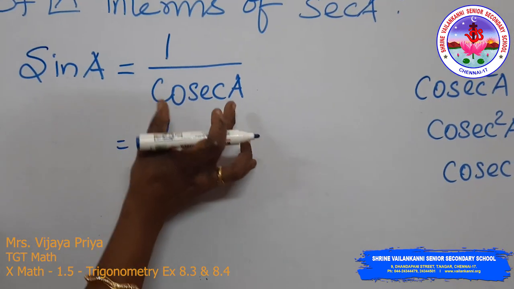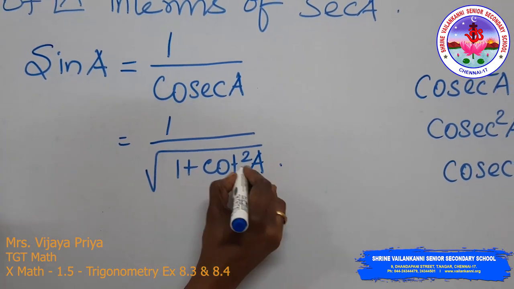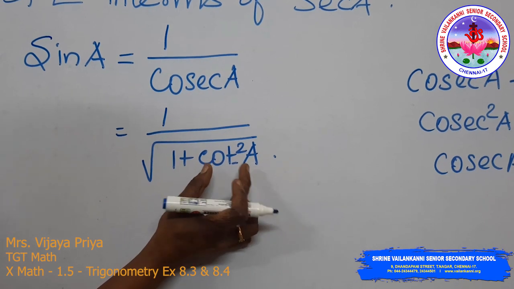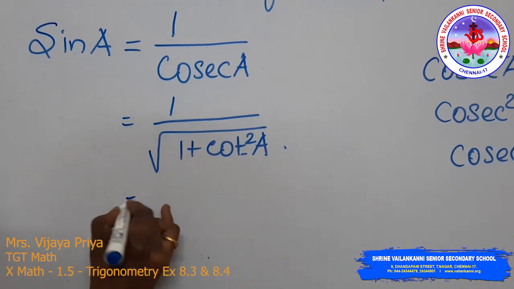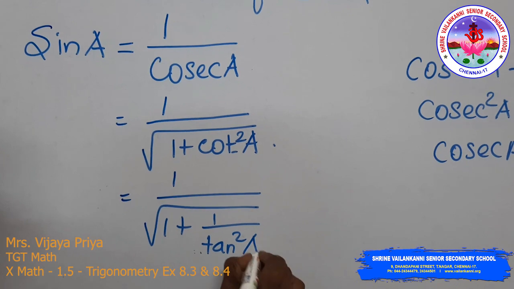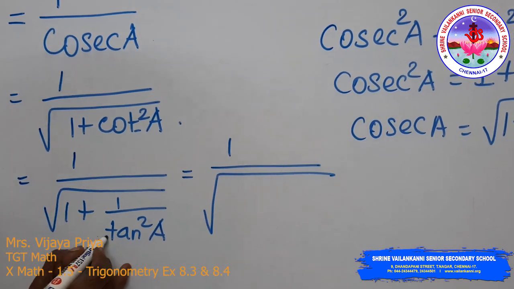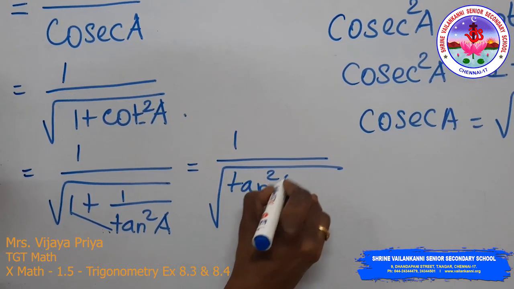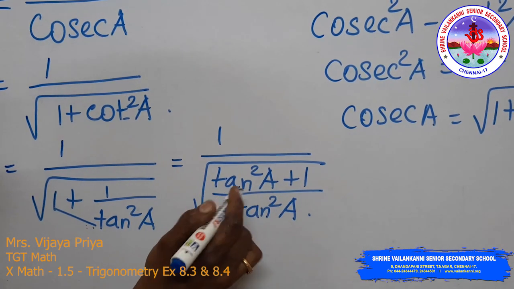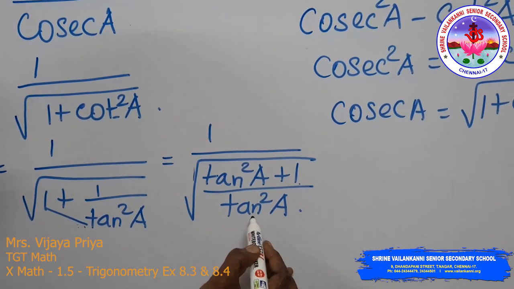So 1 by, in place of cosecant A, I am writing square root of 1 plus cot squared A, where I represent cot A as 1 by tan A, so cot squared A as 1 by tan squared A. So 1 by square root of 1 plus 1 by tan squared A. If I take LCM here, this becomes 1 by square root of tan squared A plus 1 by tan squared A.